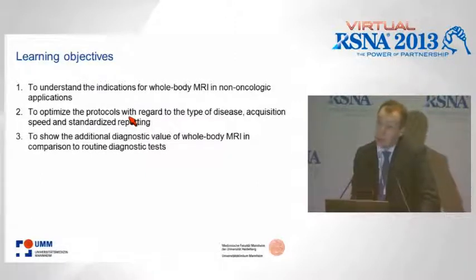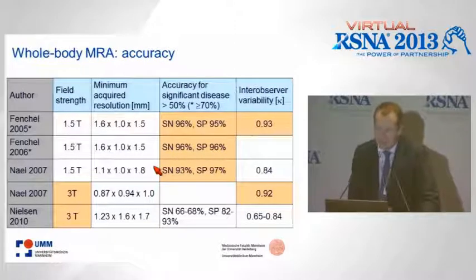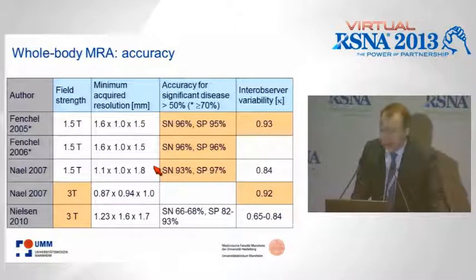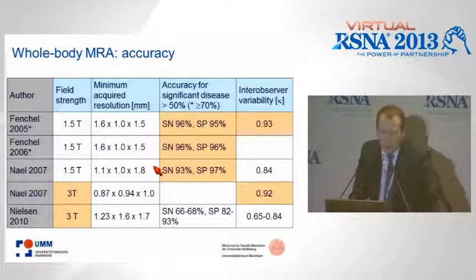I think this is very important for us as radiologists. We hear this all the time in comparison to routine diagnostic tests. Now, a few words on the technique. The issue of accuracy, for example, for whole body MR angiography has been virtually solved.